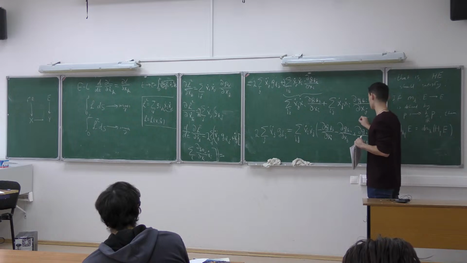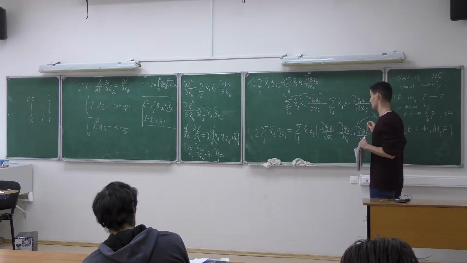And these are the Christoffel symbols. You need to multiply by g inverse first.